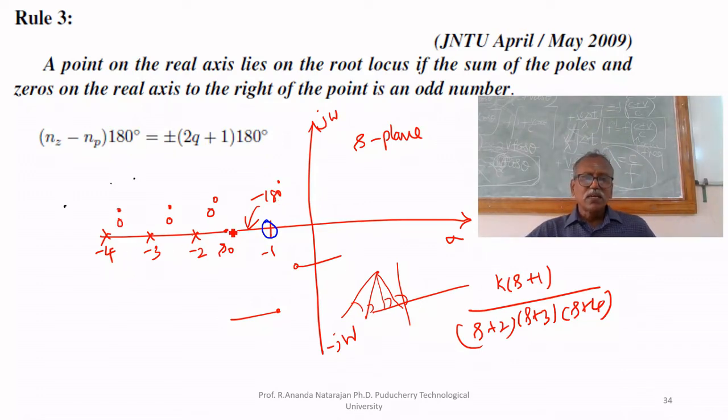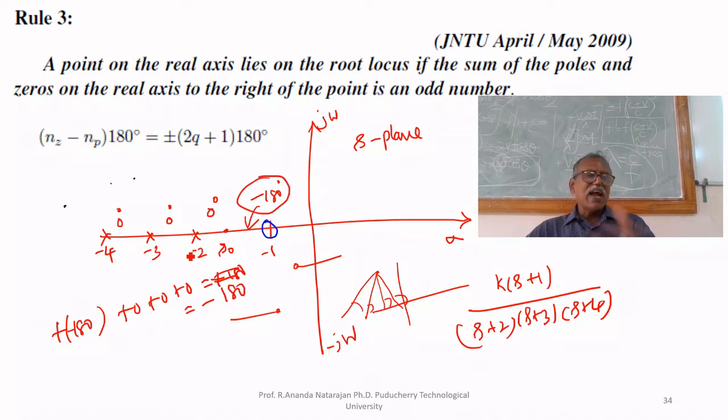Plus 1, plus, because it is in the numerator, minus 180, plus 0, plus 0, plus 0, you are getting minus 180 degrees. It satisfies the condition. Therefore, S naught is on the root locus. If you select any point between minus 1 and minus 2, the angle will be 180 degrees.